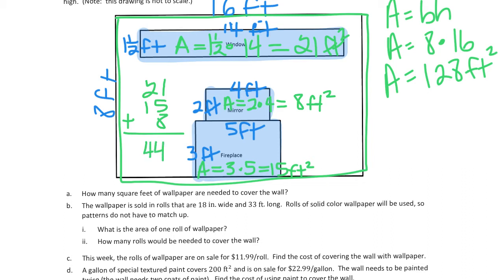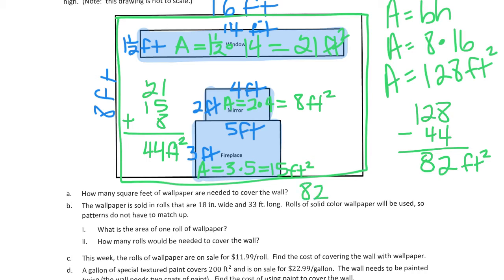So there are 44 feet squared that are not going to be wallpapered. So I take my 128 and I subtract the 44. And when I do that, I get 82 feet squared. So I need 82 feet squared. That's how much wallpaper I'm going to need.